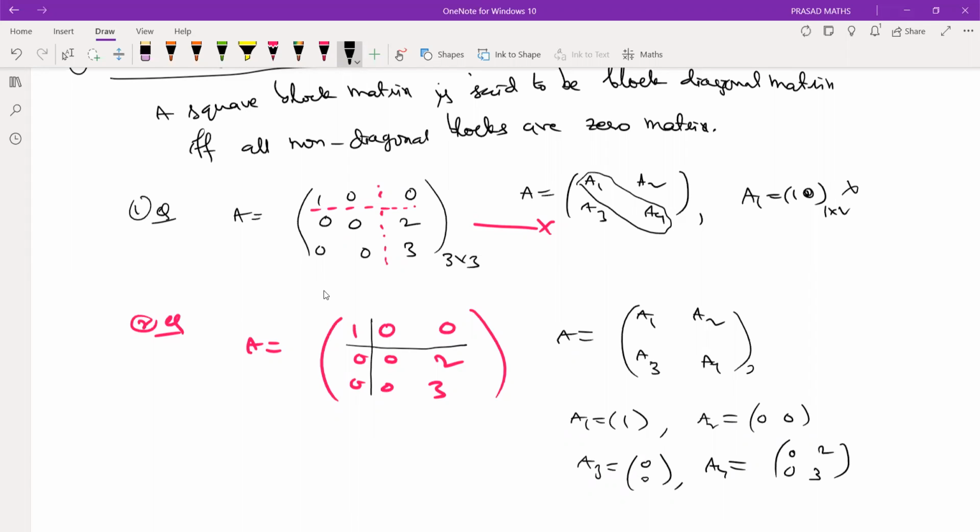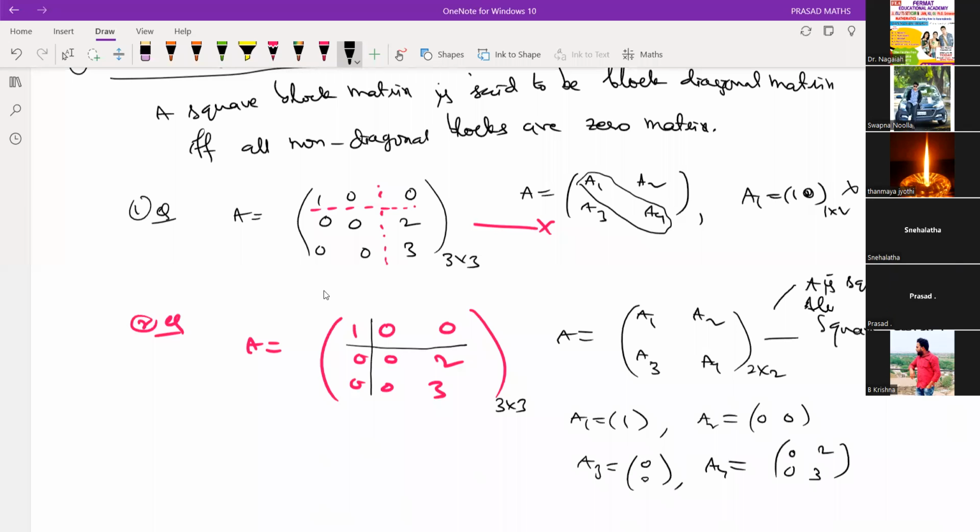Therefore, what you observe is that the given matrix is a square matrix, and the blocks form square matrices, satisfying the second condition. A1 and A4 are the diagonal blocks, and they are square matrices.